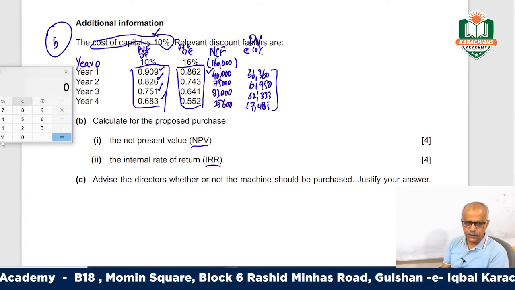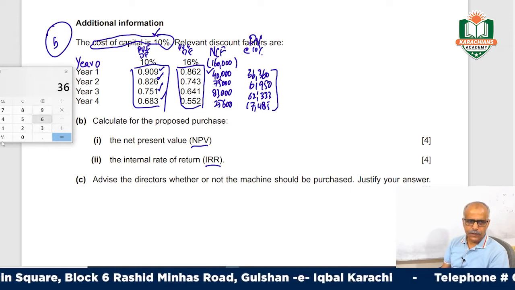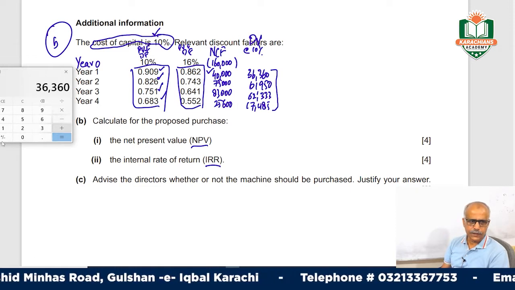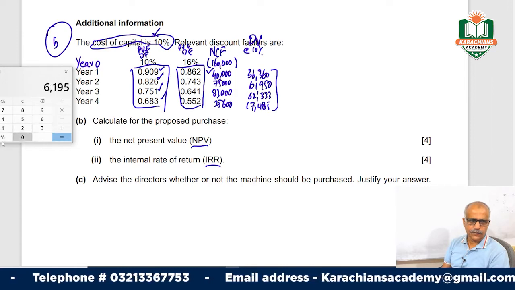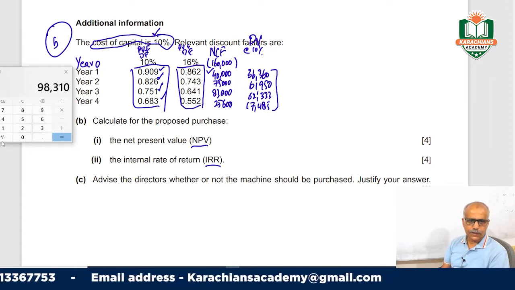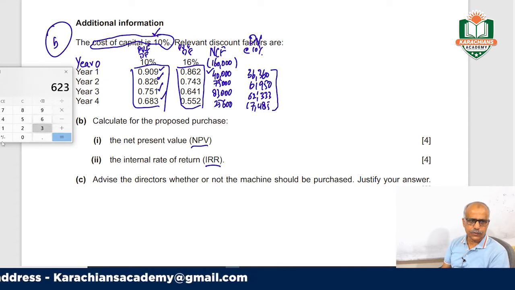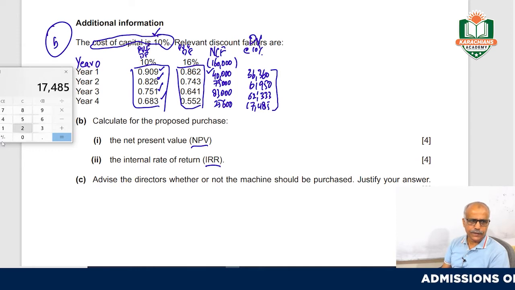how much will this be? 36,360 plus 61,950 plus 62,333 plus 17,485.